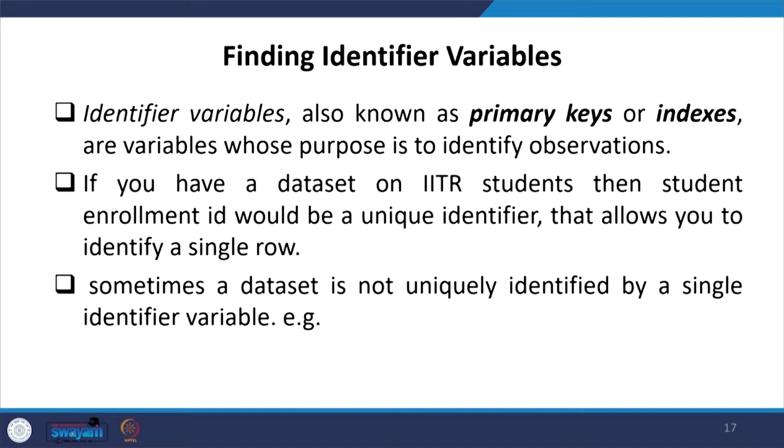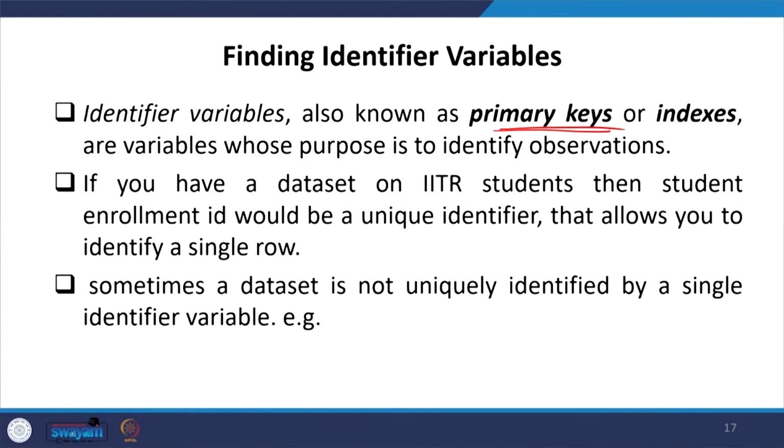Primary keys we will discuss in detail at the time of extraction in the next to next lecture. In merging, where we will be merging some of the databases, we do require primary keys and identifiers. If you have a database on IITR students, then the student's enrollment ID would be a unique identifier that allows you to identify a single particular row.